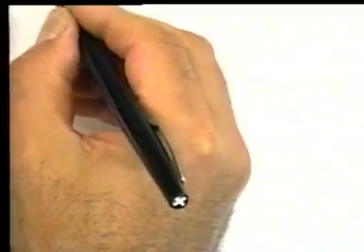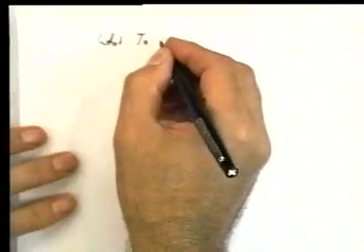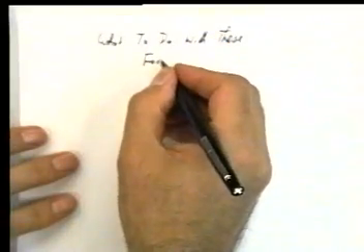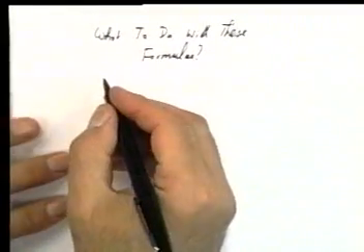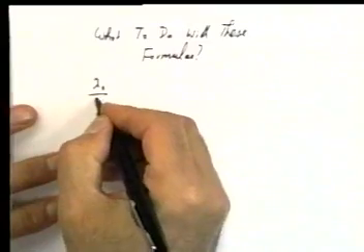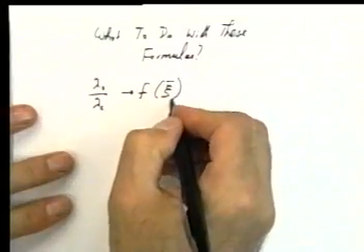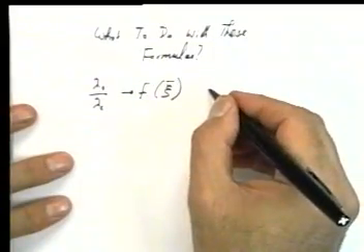Now, what do we do with these formulas? These formulas give us a connection, lambda static over lambda classical, as a function of initial imperfection. And this is an analytical relationship.